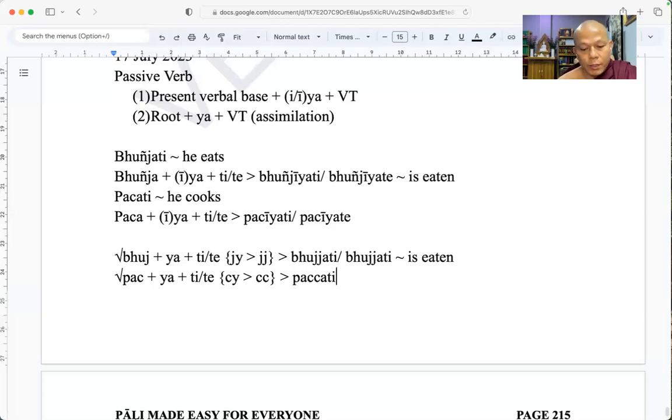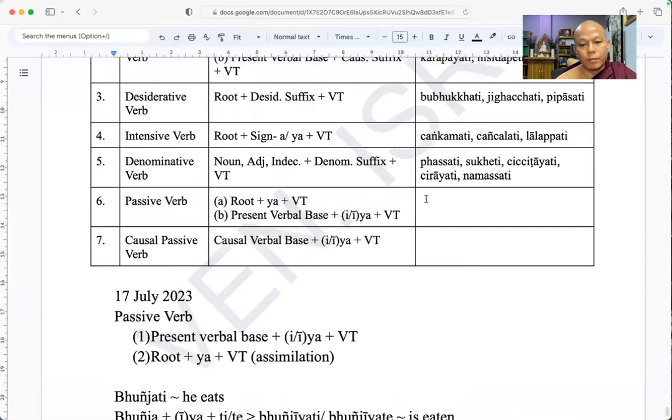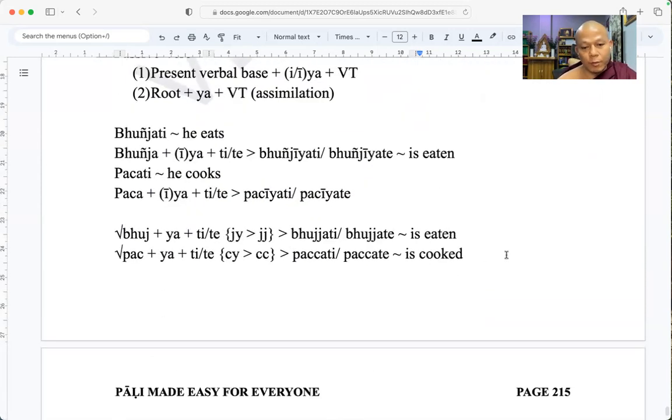So paccati or paccate means is cooked. In this way we form it.